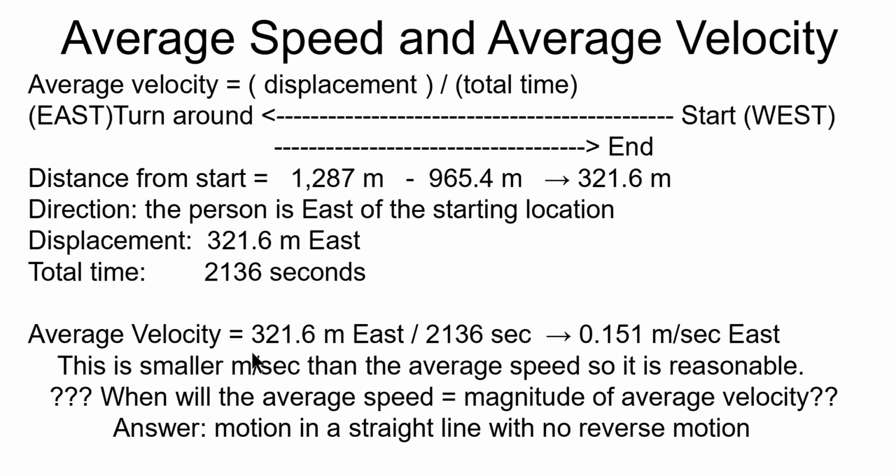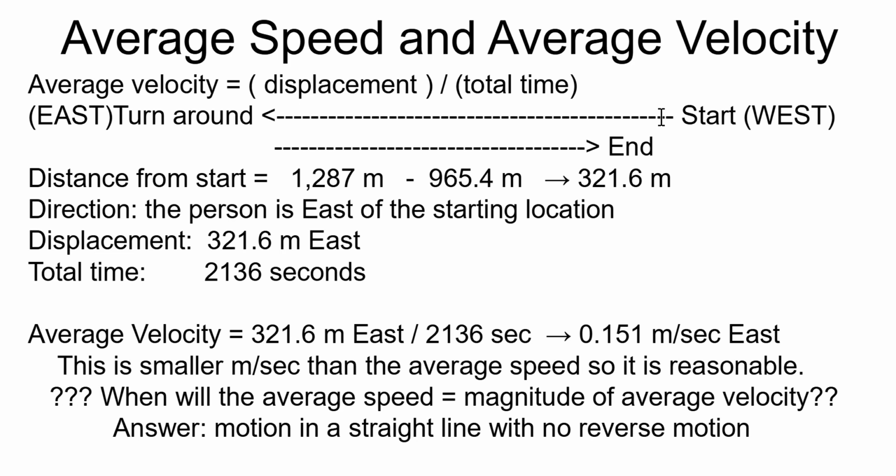The magnitude of the average velocity will usually be smaller than the magnitude of the average speed for problems where there's some XY motion, both X direction and Y direction. When will the average speed be the same as the magnitude of the average velocity? That situation would be when we're just moving in a straight line and not doubling back, not going backwards here, but just going from the starting point over to this east motion.